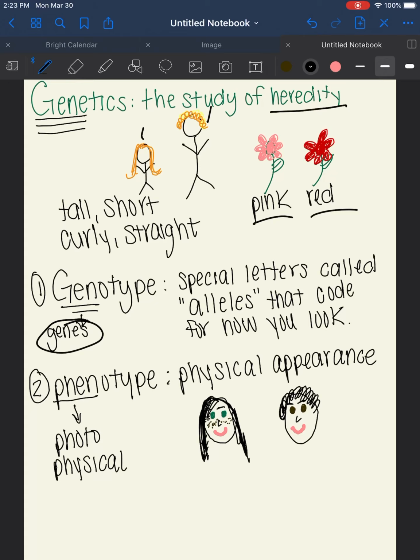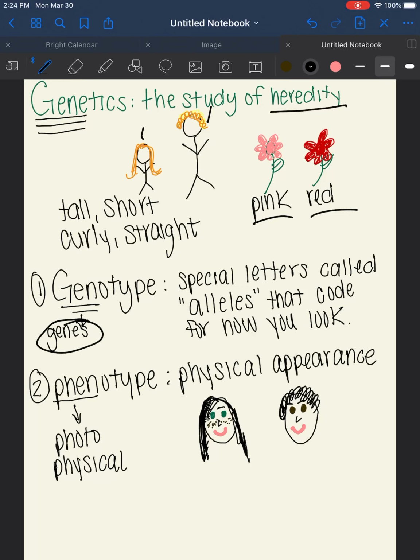These are found in your DNA, in your chromosomes. They're long strings of letters that your body can read and understand, and they have special messages in there that tell you how you look. So your genotype, those are the letters that actually make up how you look.